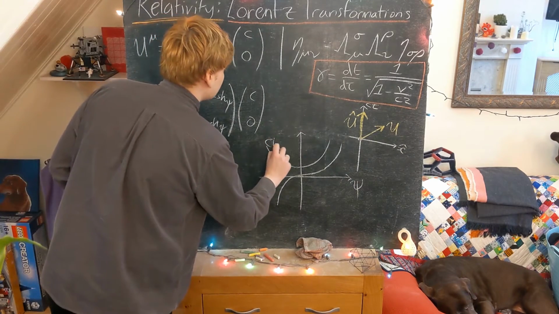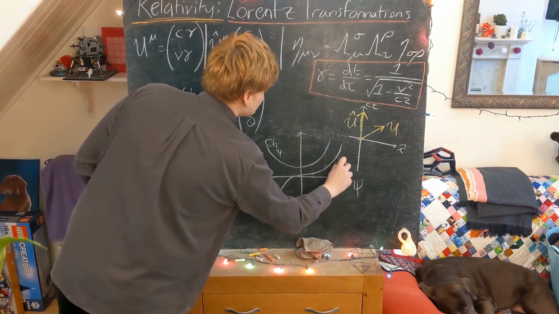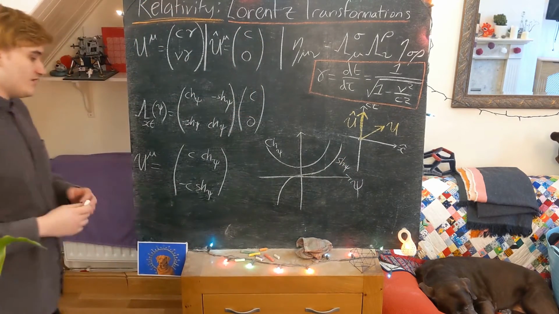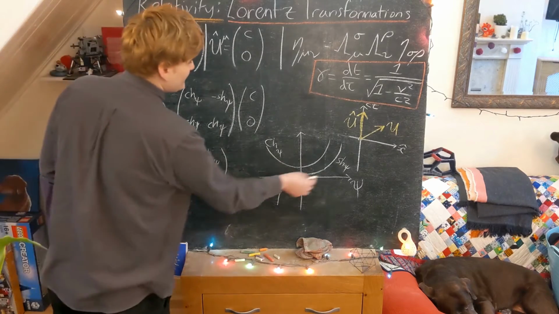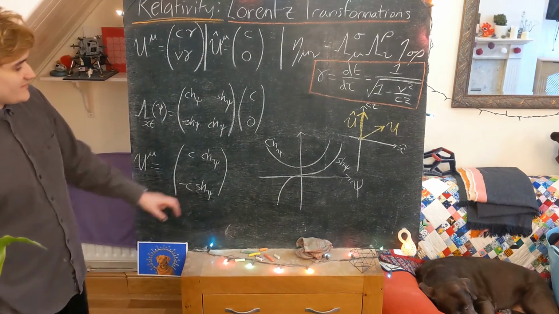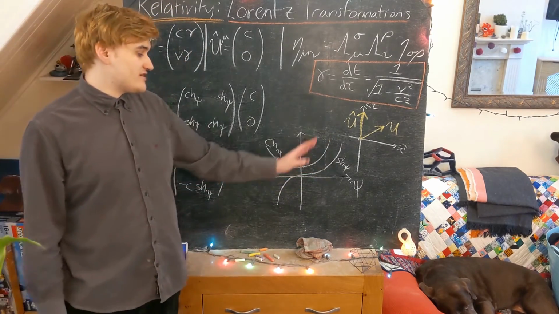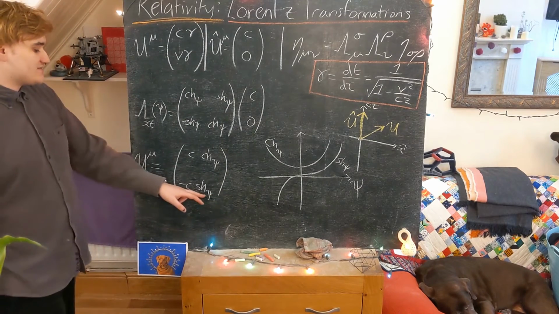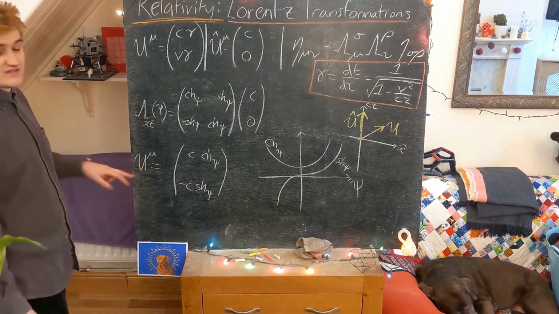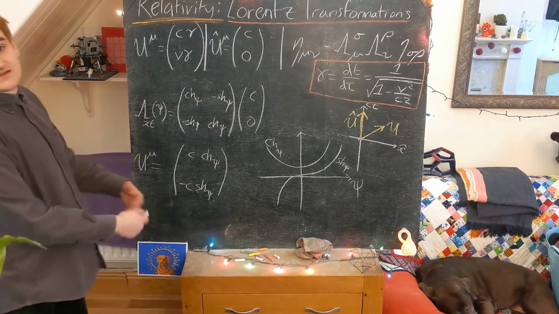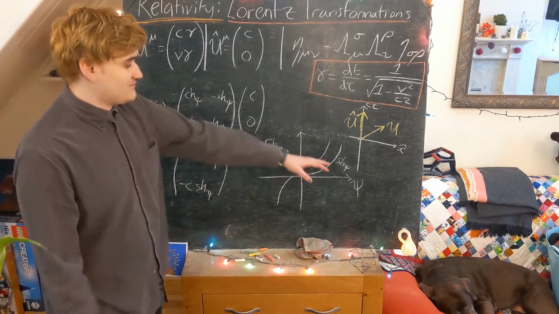So this is cosh, this is sinh. But then as we can see, as this rapidity parameter psi increases away from 0, the spatial velocity of this now boosted observer is going to increase away from 0 as well.